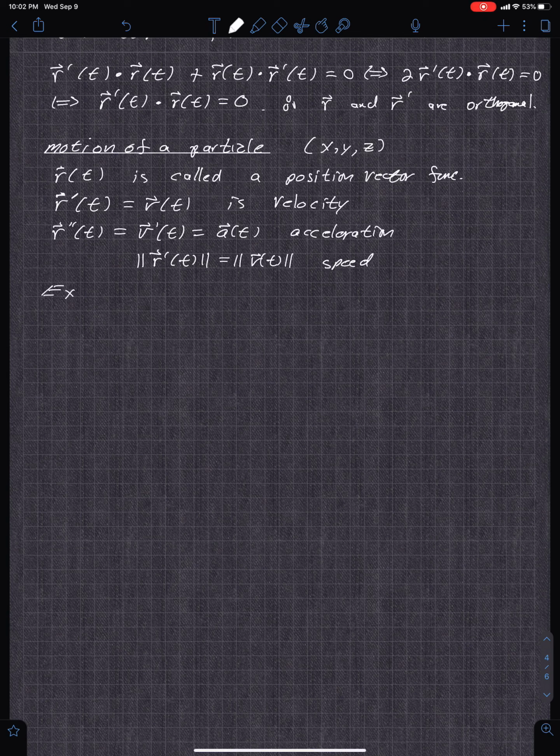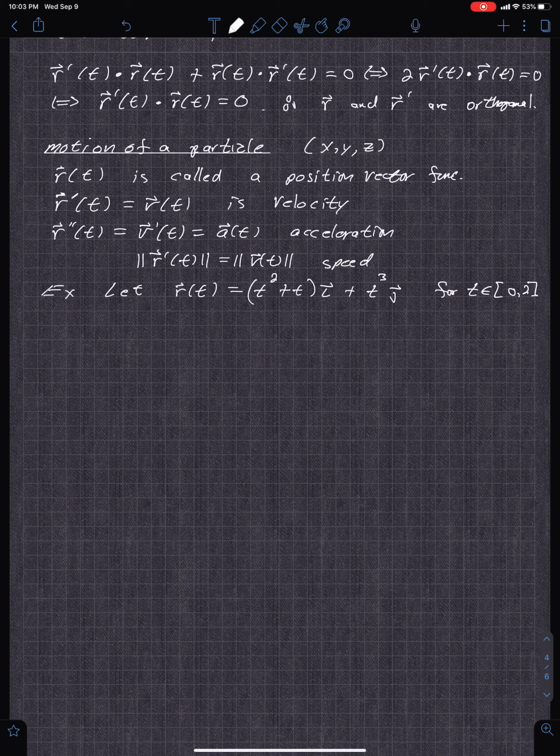So here's an example. Let r of t equal t squared plus t i plus t cubed j. So we'll stay in 2D, and t is 0 to 2.